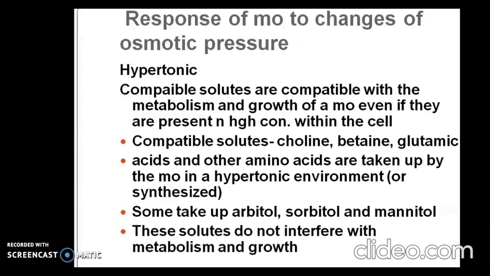Compatible solutes are solutes that are compatible with the metabolism and growth of a microorganism, even if they are present in high concentration within the cell. That is, their high concentration will not affect the growth of the cell. Compatible solutes used by microorganisms include choline, betaine, proline, glutamic acid, sucrose, glycerol. Sometimes arabitol, sorbitol and mannitol are also being used.